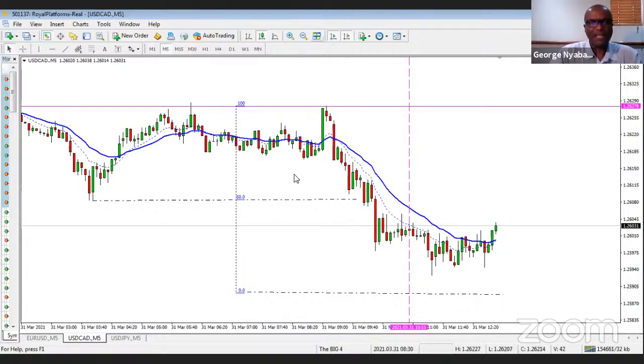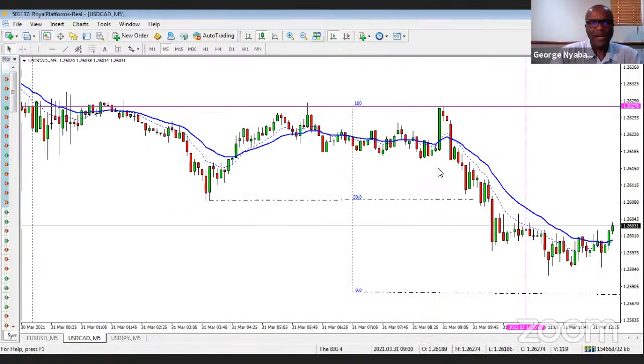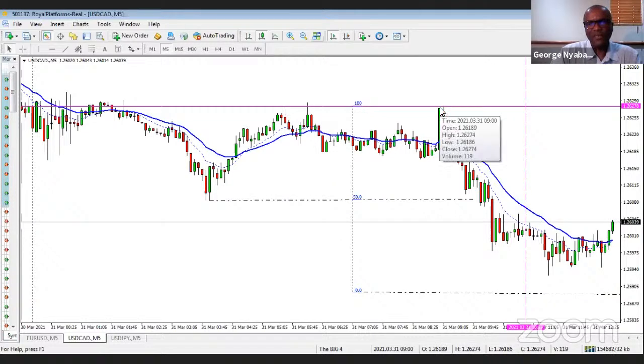A question you may ask is, would you have been able to take a trade up here, assuming you were in the market? Well, there is the open of the day. That's where the open was. The market came back, tried to break above that, failed, created a double top.